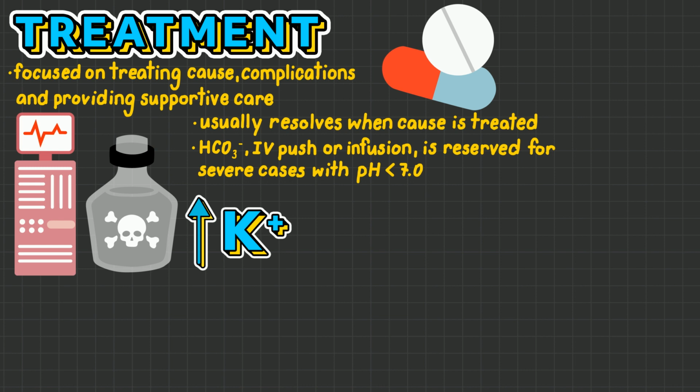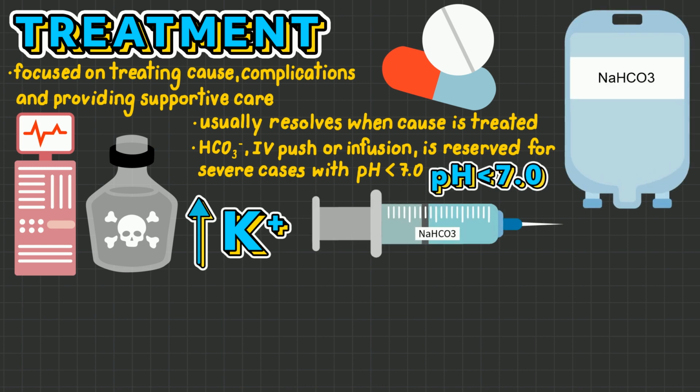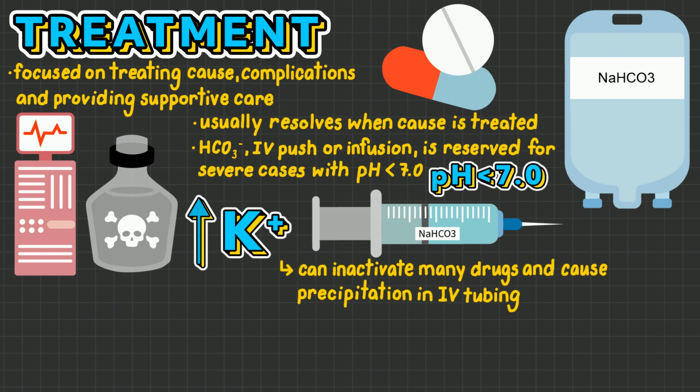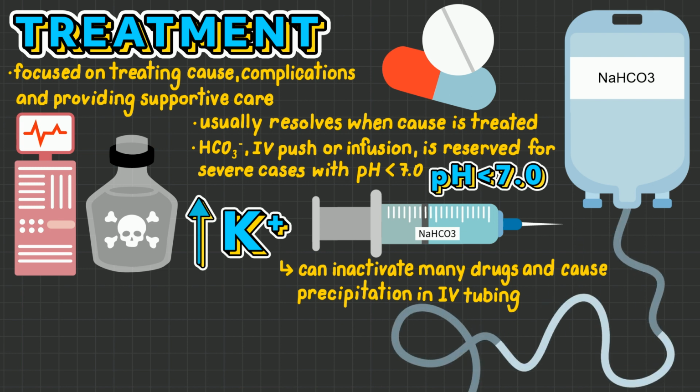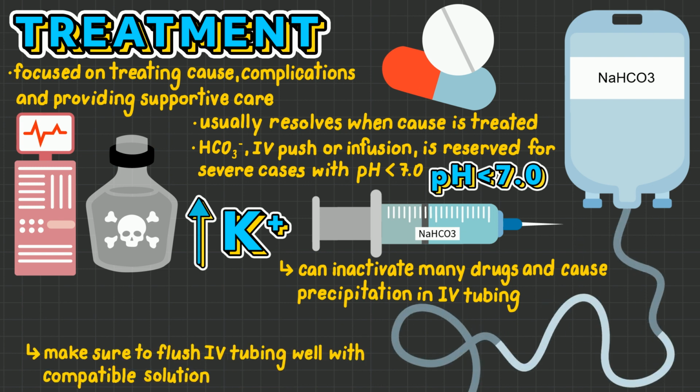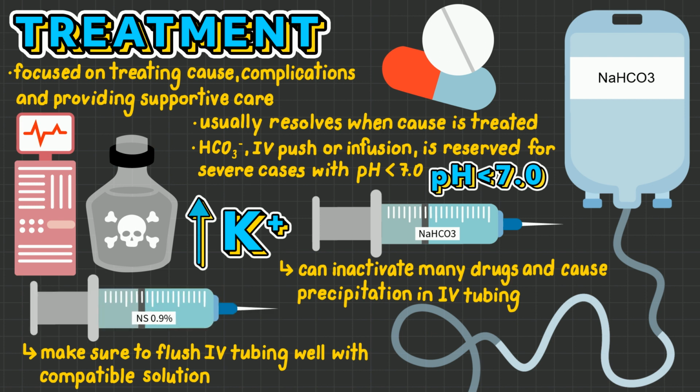In severe cases, when blood pH drops to 7 or less, bicarb may be given, either direct intravenous push or as an intravenous infusion. It is important to note that bicarb has the ability to inactivate many drugs and can cause precipitation in intravenous tubing, so flushing well between drugs with a compatible solution such as normal saline is important.